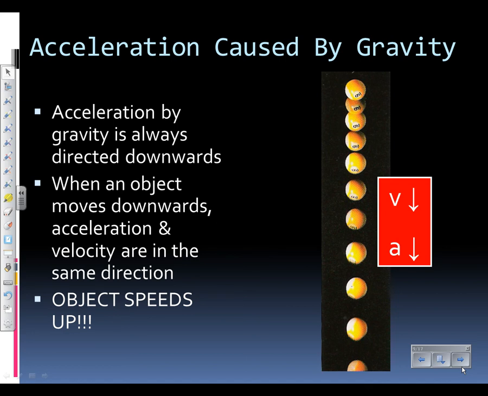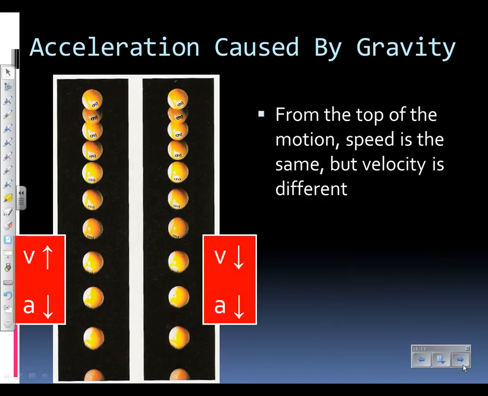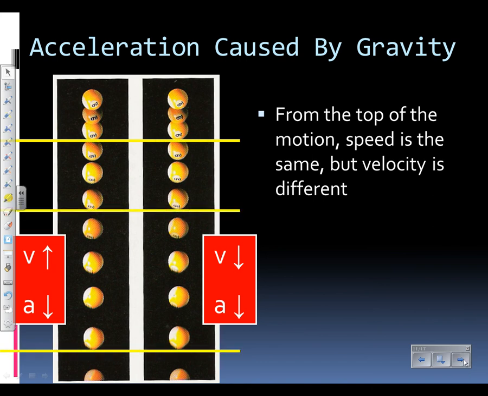So if we take a look again at those two pictures that are next to each other, what can you tell me about the speed of those objects at each of the yellow lines from left picture to right picture?